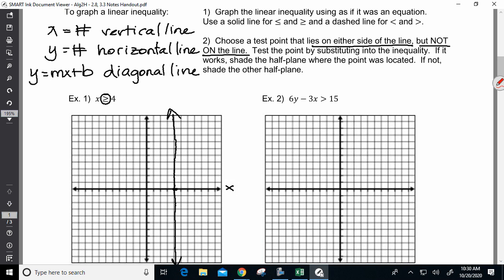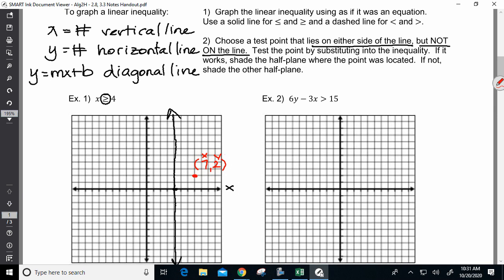So since x is greater than 4, I'm going to pick where I think it's going to be greater than 4. So I'm going to choose that point right there, which is 7, comma 2. Why did I pick that point? It felt like it. All I have to do is pick a point somewhere. So x is 7, y is 2.